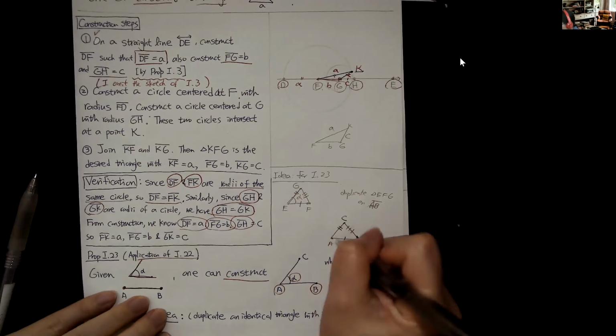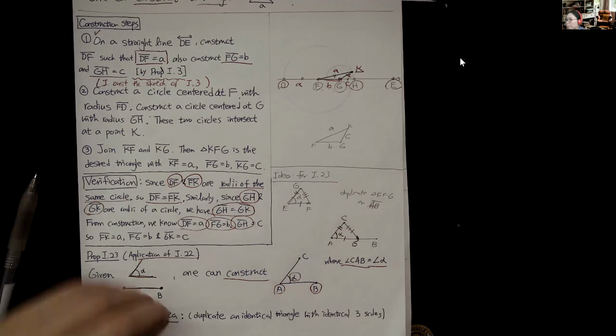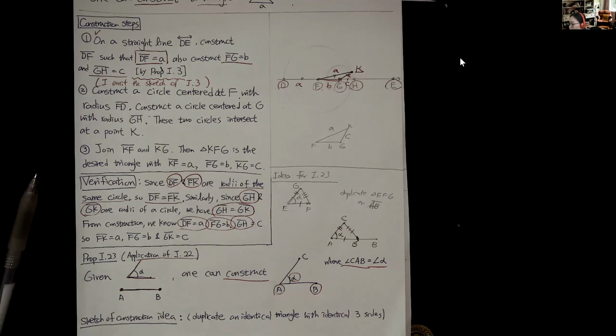Then automatically you are going to have an alpha here. That's essentially the idea of this construction using 1.22.